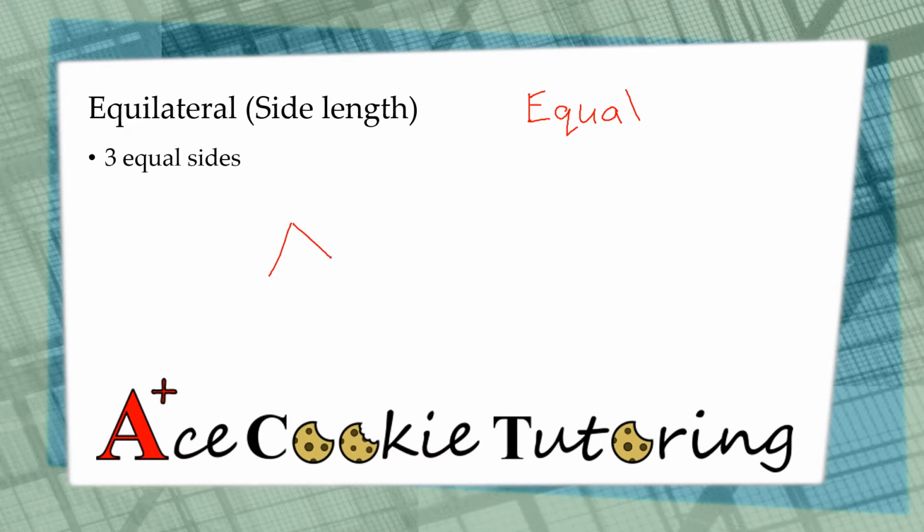Now, when I'm looking at some different triangles, no matter what their size, how big they are, how small they are, equilateral triangles are going to have the same side lengths. And I would know this because I see these little tick marks. These little tick marks indicate that the sides are congruent.